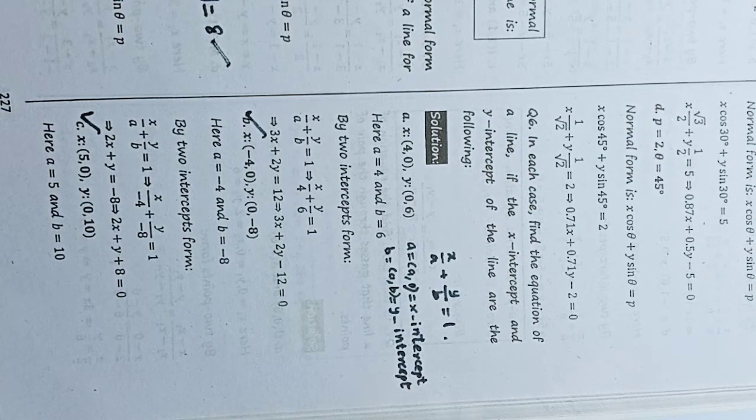Now we have the two intercept form, which is x over a plus y over b is equal to 1, with a equal to 4 and b equal to 6. We can multiply both sides by 12, and after that multiplication we get 3x plus 2y is equal to 12. We can rearrange it in the form 3x plus 2y minus 12 is equal to 0. Similarly, students, you can do part B and C of this question.